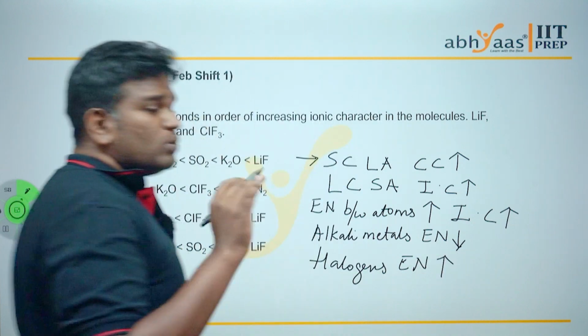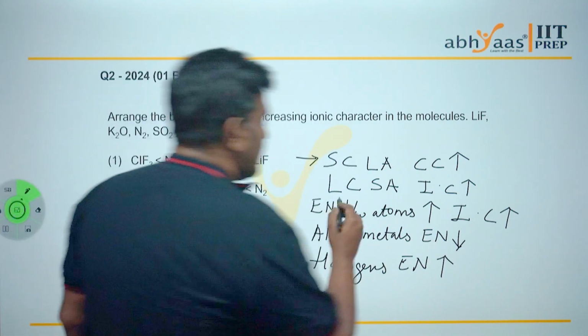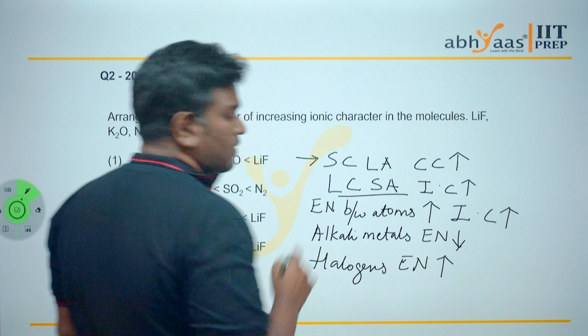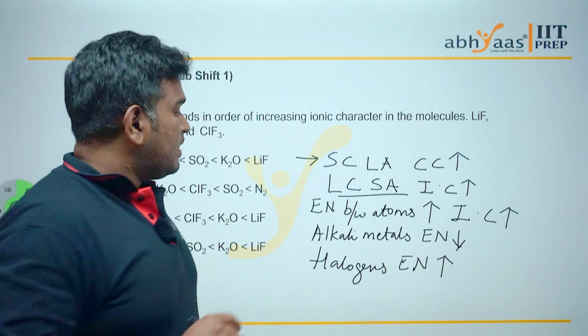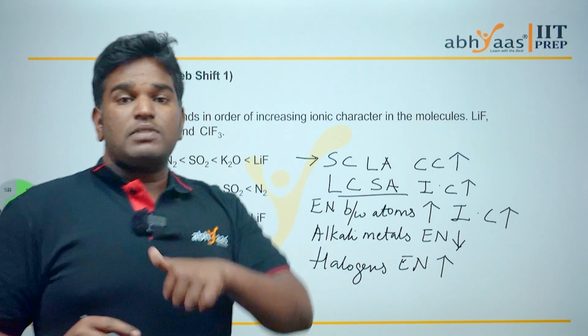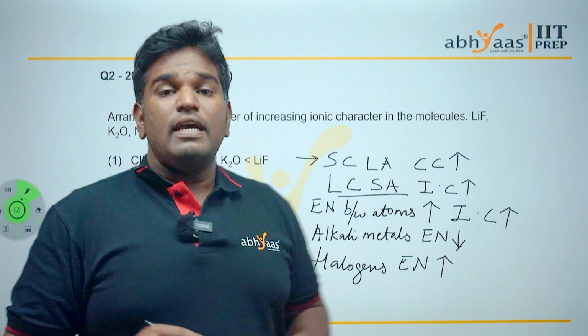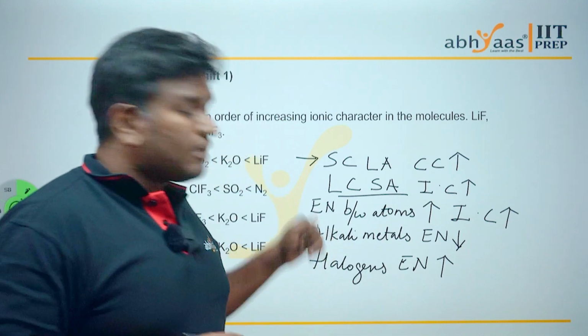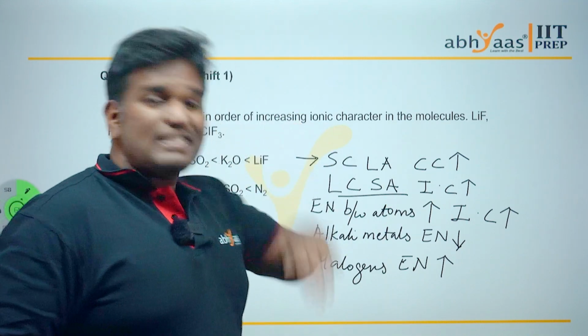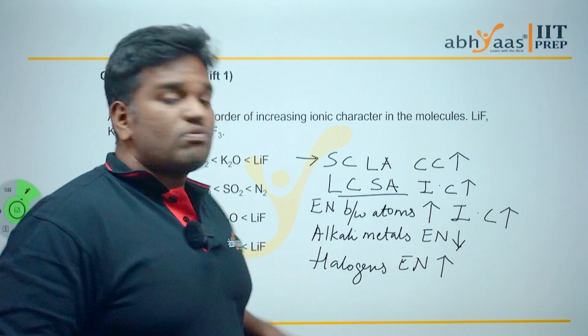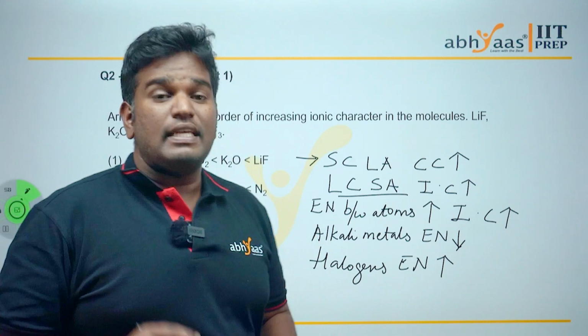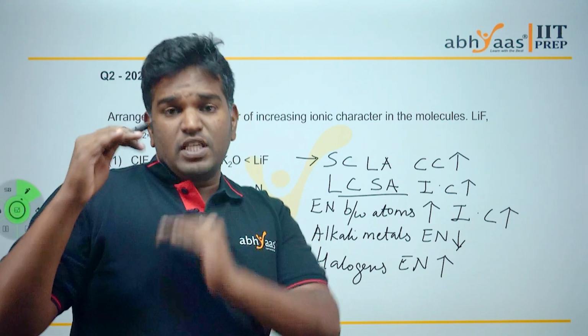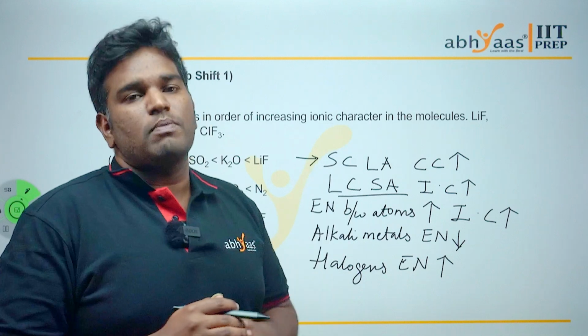Right. So using this information, large cation and small anion, ionic character will be higher. If the electronegativity difference between atoms is higher, ionic character will be higher. And you know that alkali metals will be having very less electronegativity and halogens will be having very high electronegativity. With these principles, we can solve this problem very easily.